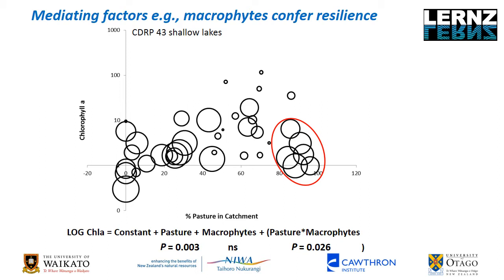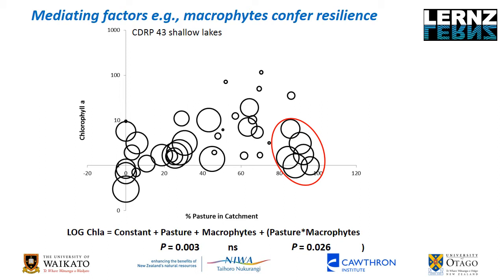One of the ways of looking at this question is illustrated in this analysis of the 43 shallow lakes in the CDRP dataset. We have chlorophyll a on the y-axis and percent pasture in the catchment on the x-axis, which is a general indicator of agricultural nutrient loading type stress.